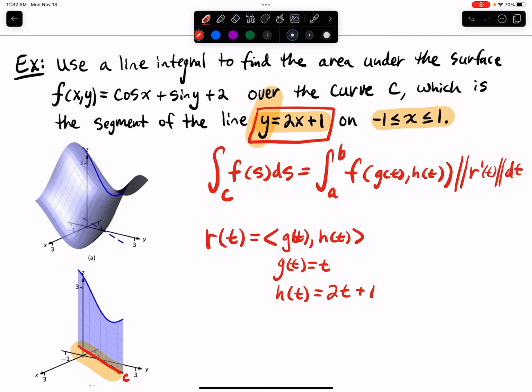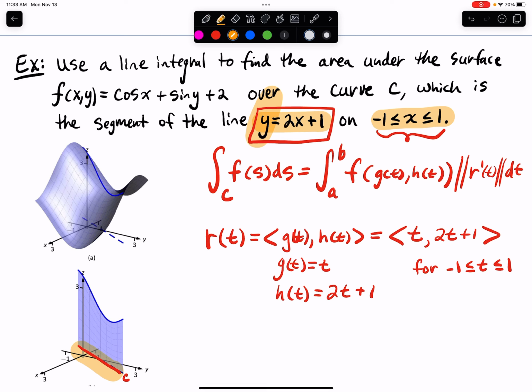Okay? So if I do that, now I've got this vector valued function, r of t, is t, comma, 2t plus 1. And what is it good for? What values of t? It's good for t between negative 1 and positive 1. That's where it's defined. Okay? So what all do I need?